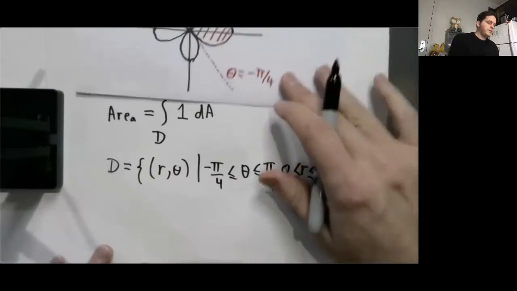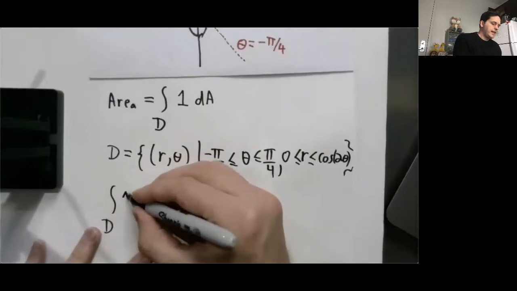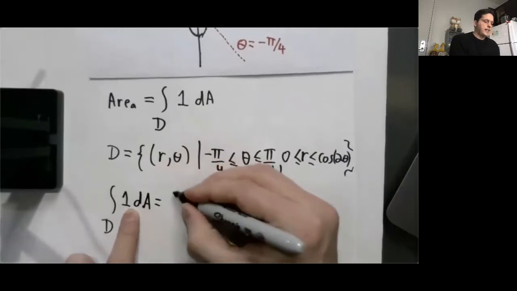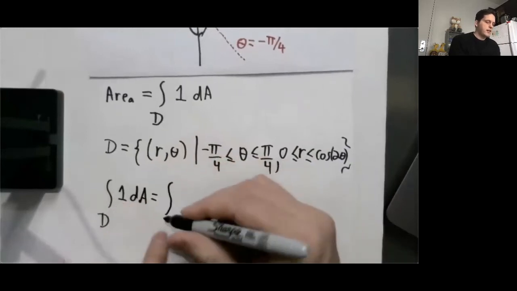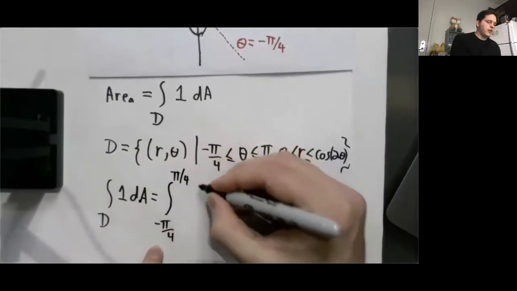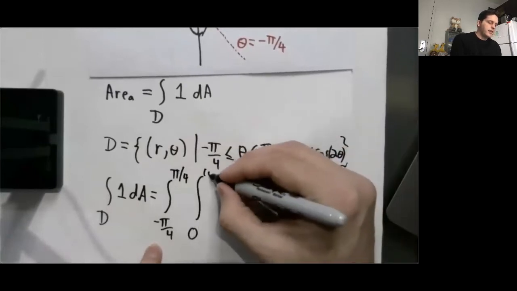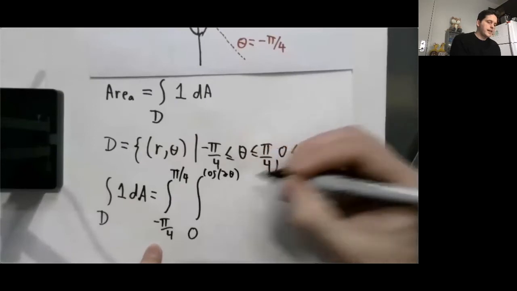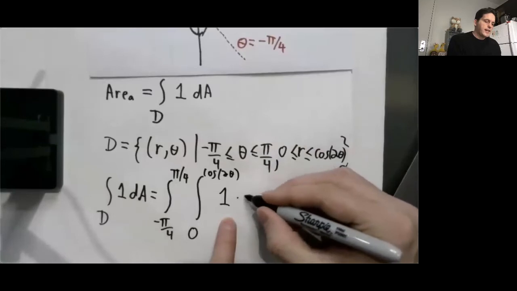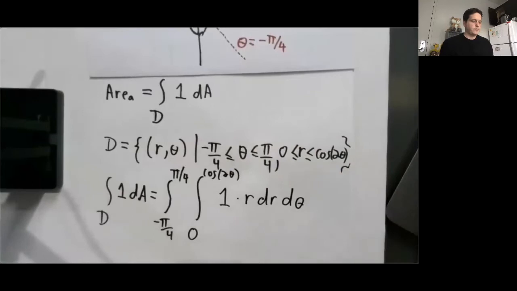According to that formula, the integral over D of the constant function 1 is equal to the integral from minus pi over 4 to pi over 4 of the integral from 0 to cosine of 2 theta, and then 1 times r dr d theta.